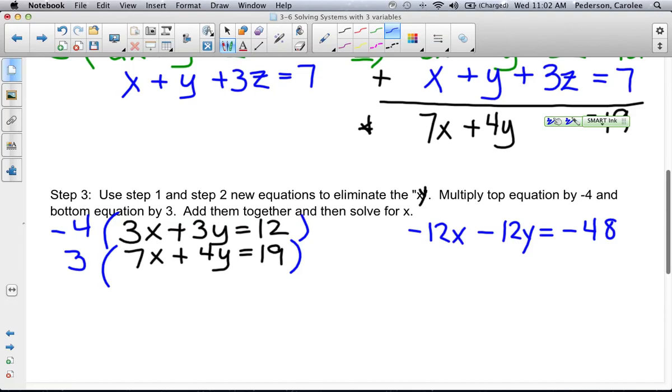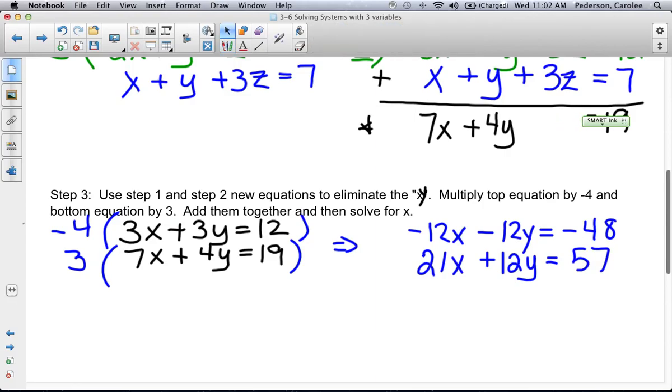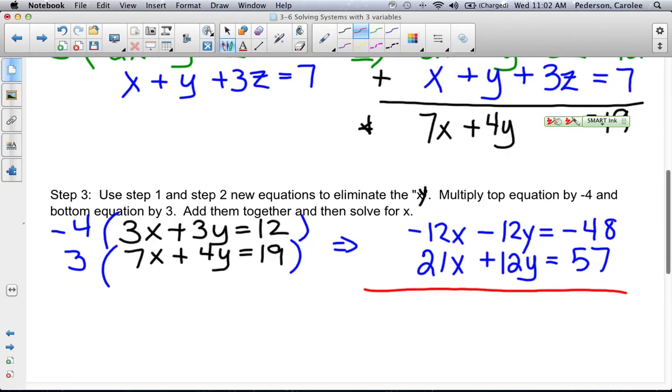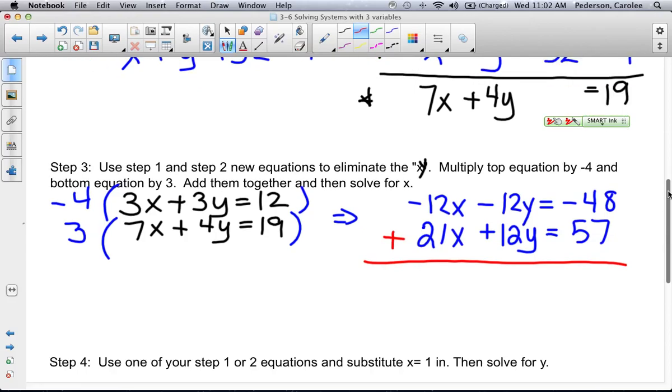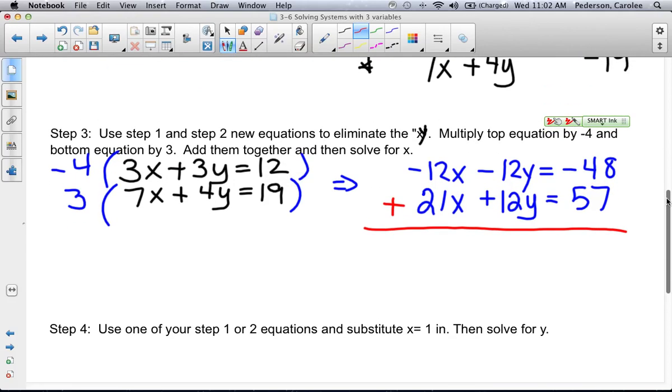For the second equation, 3 times 7x is 21x, 3 times 4y is 12y, and 3 times 19 is 57. Now let's add those two equations together. Negative 12x plus 21x is 9x.